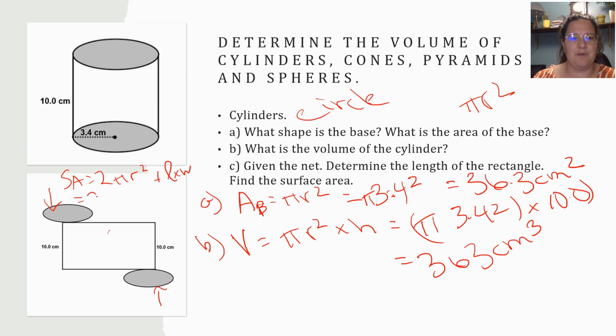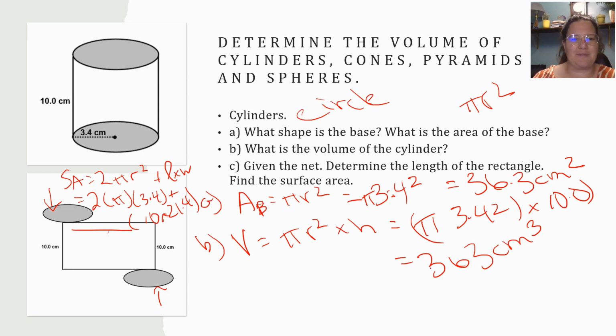So 2 pi 3.4 plus 10 times 21.4. Sorry, I missed a step here where I have to calculate the circumference of that circle, which is going to give us the length here.